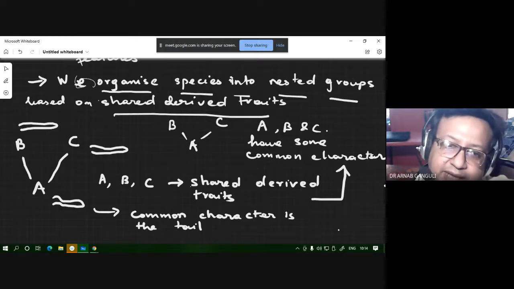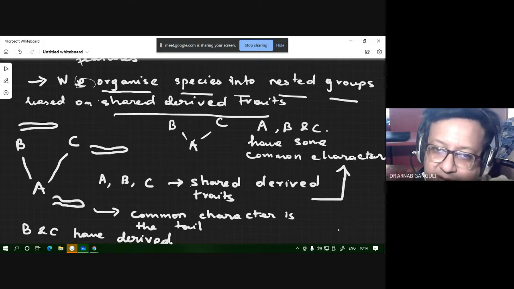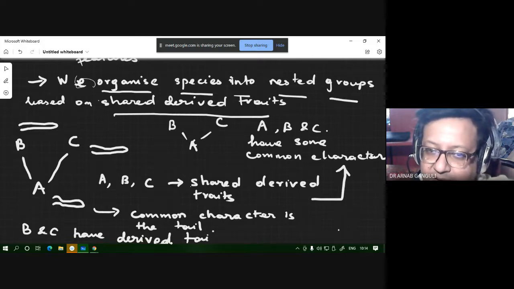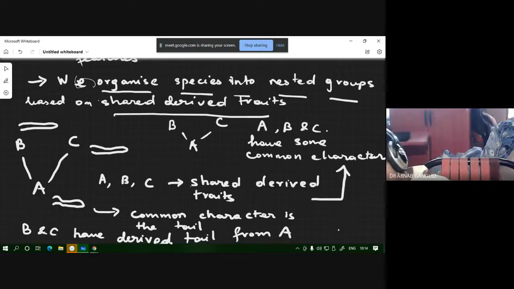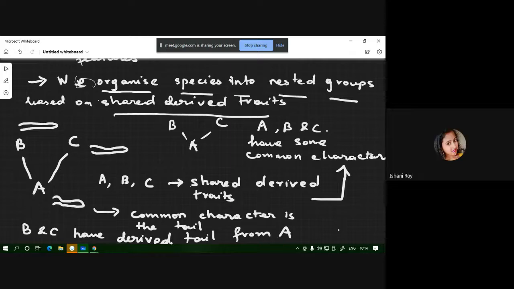That means B and C have derived tail from A. এটা ক্লিয়ার তো? Yes, sir, clear.